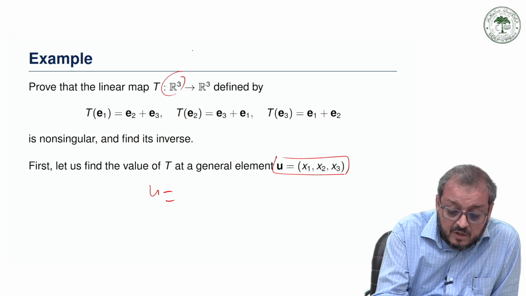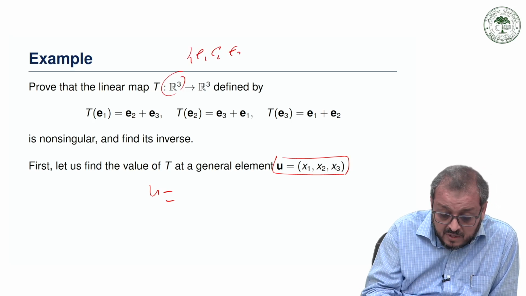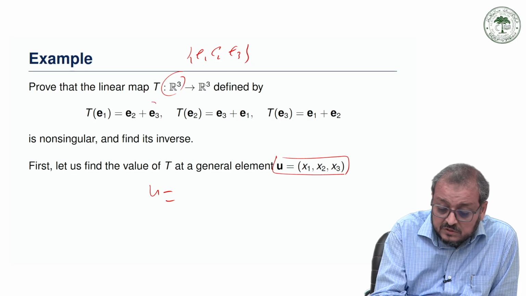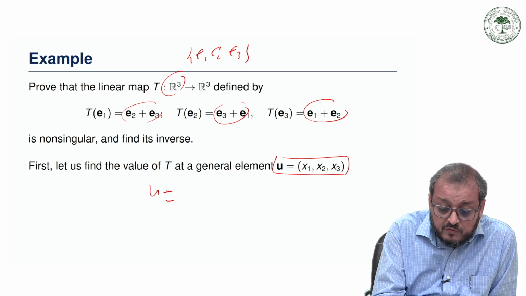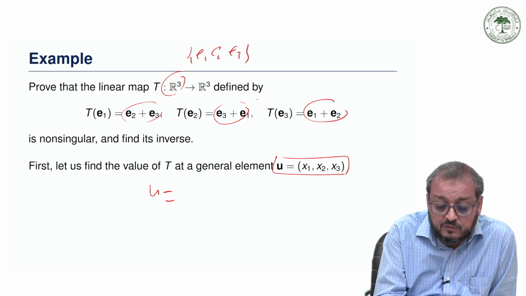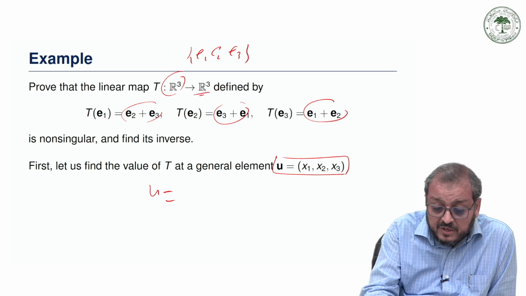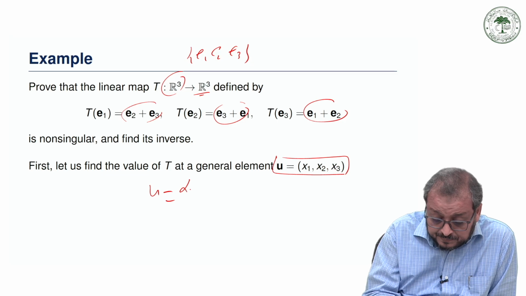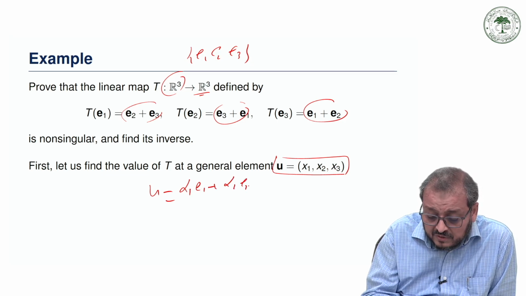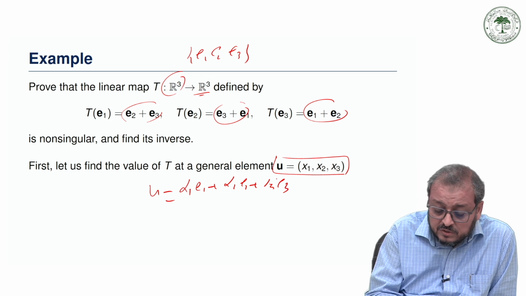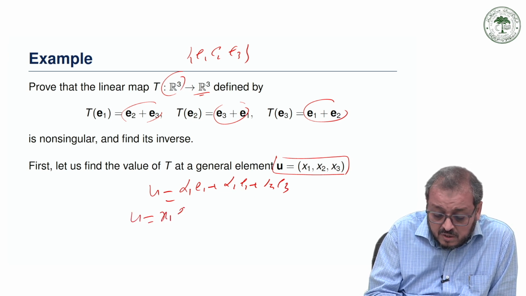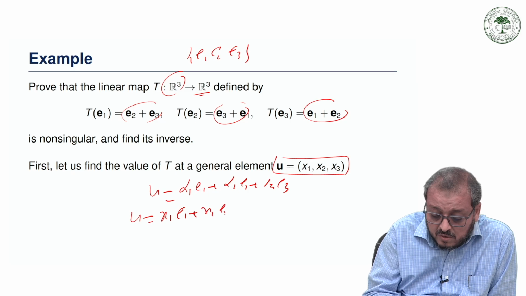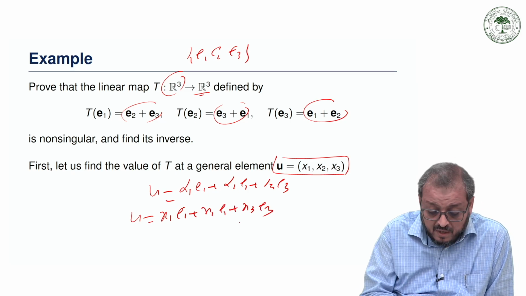You have E1, E2, E3 as the basis, and T of E1, T of E2, T of E3 are the basis for this as well. So u can be written as alpha 1 E1 plus alpha 2 E2 plus alpha 3 E3, which simply means x1 E1, x2 E2, x3 E3.